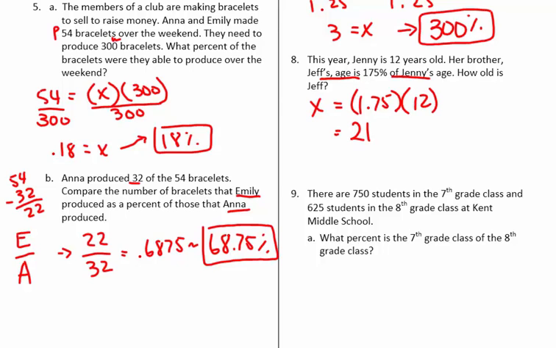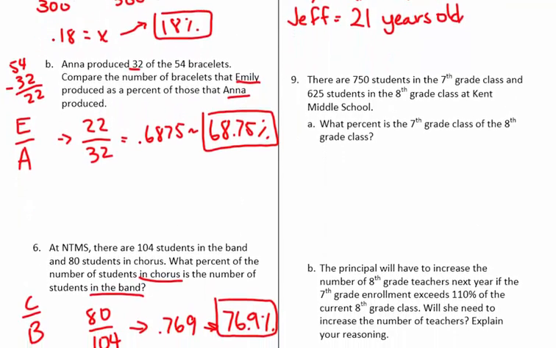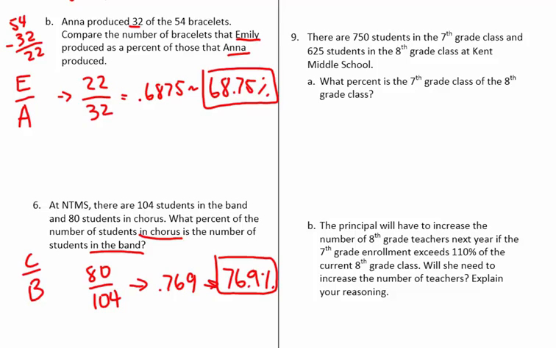And when I do that, I get 21 years old, which makes sense in the question because Jeff is older. If you come up with an answer that's less than 12, you probably put the 12 where the x is and then divide it by 1.75. So there's times where if you reread the question, you can see, does my answer make sense? And if it does, it's probably right, because if it didn't, you definitely did the wrong mathematical stuff.